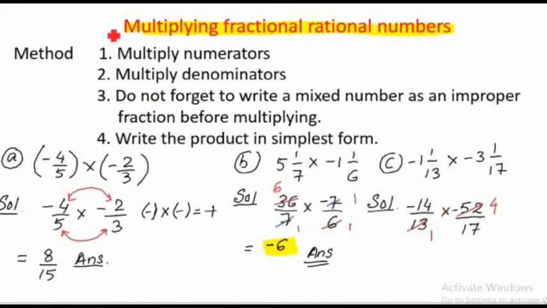Now we multiply this numerator with numerator. So what we got here? So minus 14 into minus 4, we get 56 upon 70.